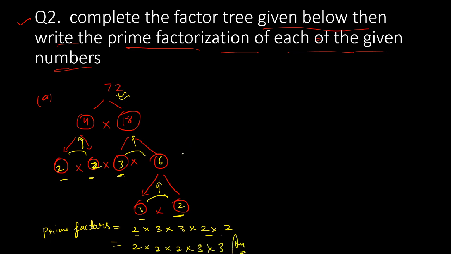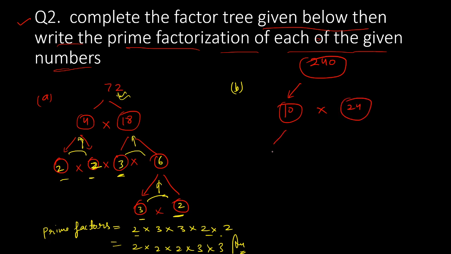Now let us do the next question, which is the B part of this. The number which is given is 240, and one branch is there, 10 is given, then multiplied by 24.